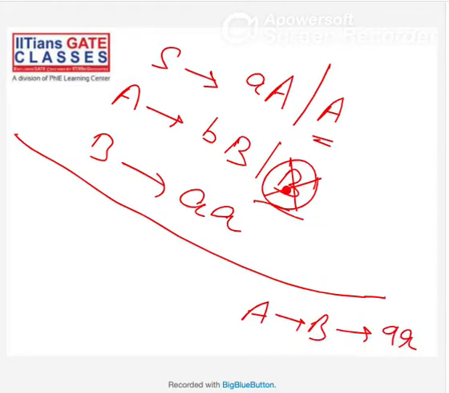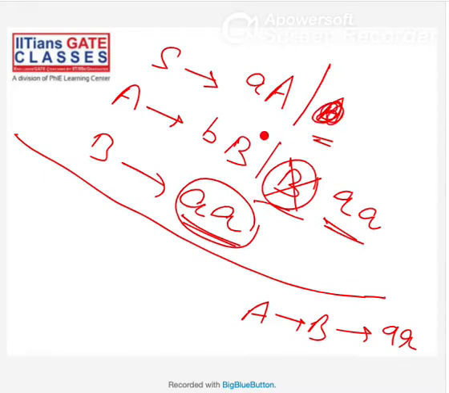So when you remove this B, you can add these things here, and then you can remove B. Basically, add everything that B can derive here, and then remove this B. Similarly, this S goes to A is also a unit production. So when you remove this A, add everything that A derives here.